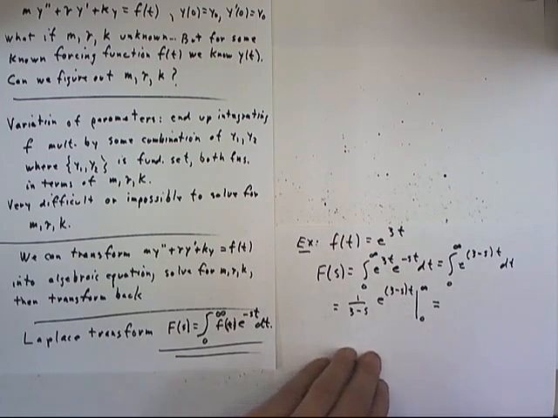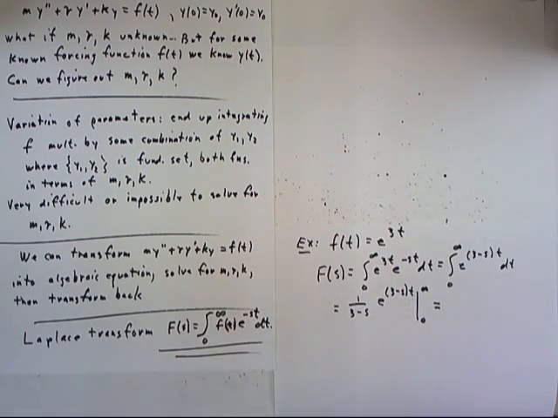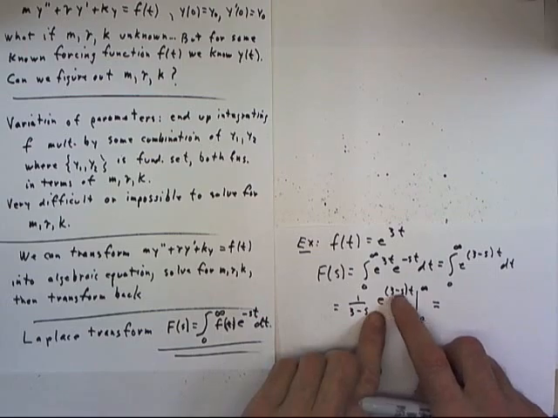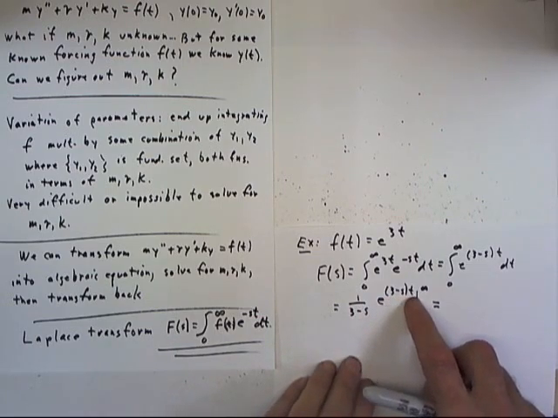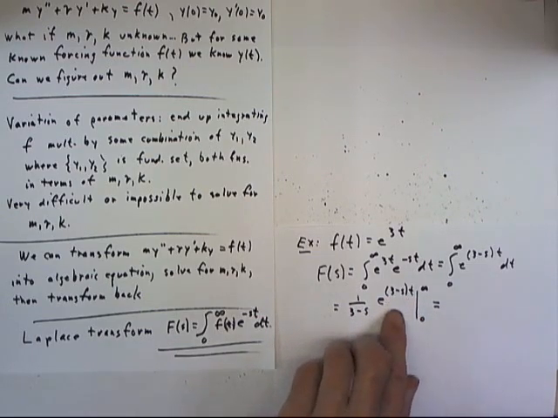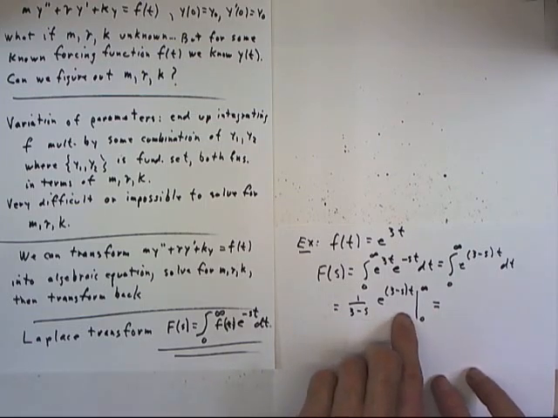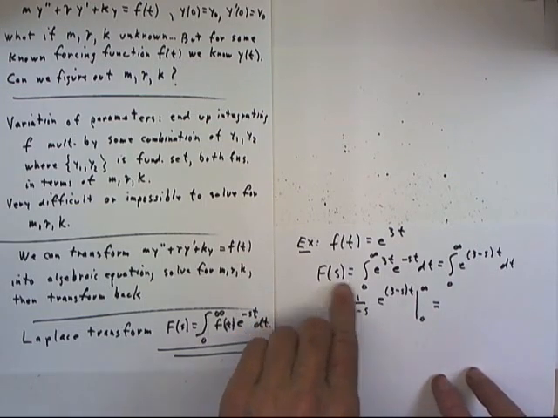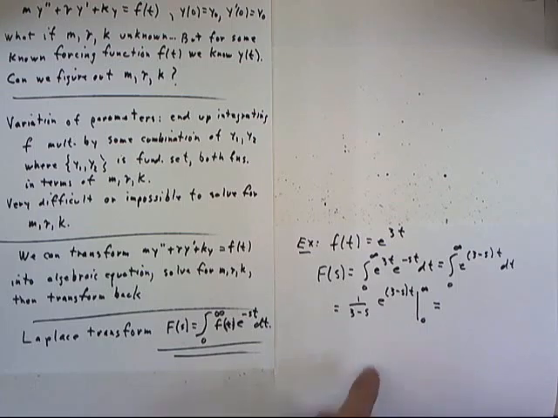Now at t equals infinity, e to the (3 minus s) times t approaches infinity, and our integral diverges, so we can't get a function F of s if s isn't at least as big as 3.